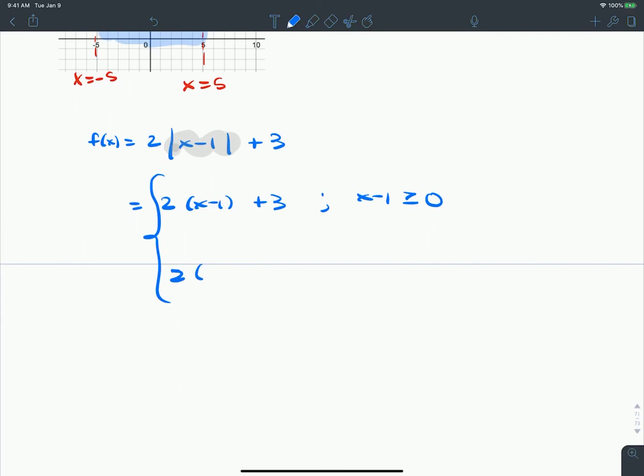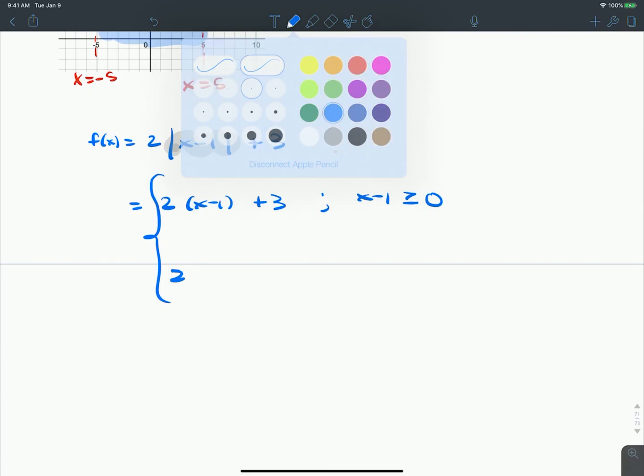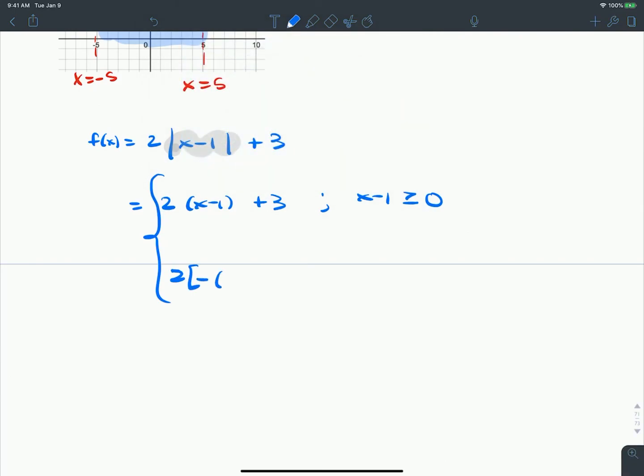2 times, let's put this way, negative x minus 1, it's the opposite. And that happens when x minus 1 is less than 0, and that's strictly less than.